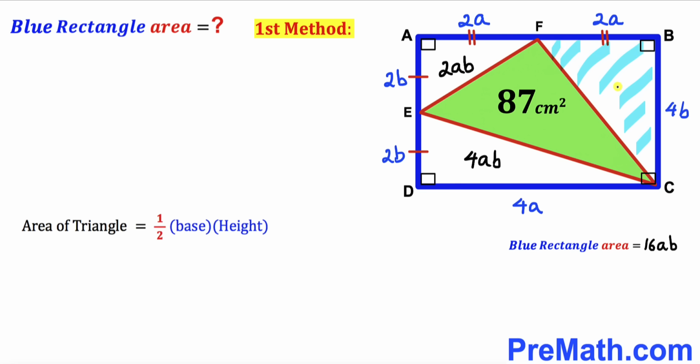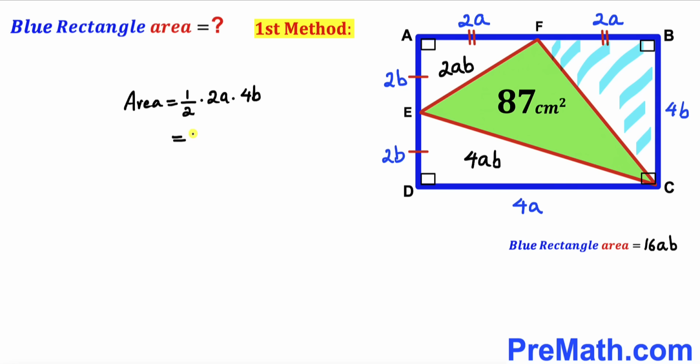And finally, let's focus on this triangle as well. Here our base is 2 times A and the height is 4 times B. So the area of this triangle is going to be equal to a half times 2 times A times 4 times B. And if we simplify, that is going to give us 4 times AB. So the area of this triangle turns out to be 4 times AB.